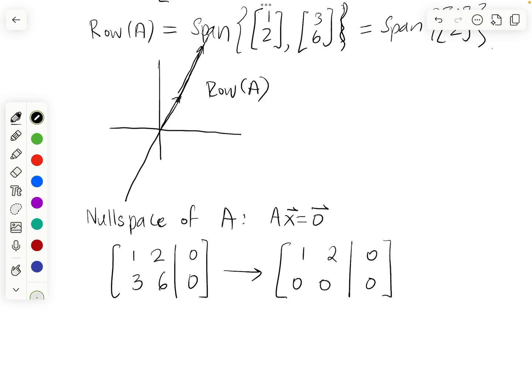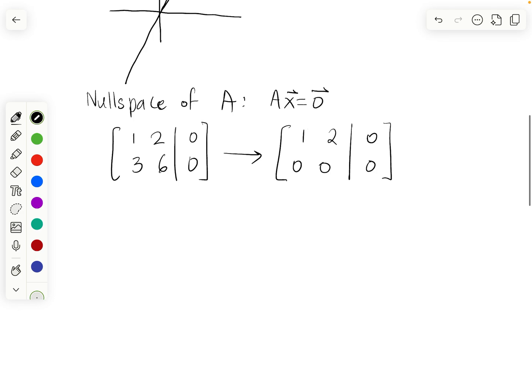And so now we have to write out the equations. We get x plus 2y is equal to 0. And we see that x is a leading variable and y is a free variable. So we set y equal to some parameter t, and then x is negative 2y, so x is negative 2t.